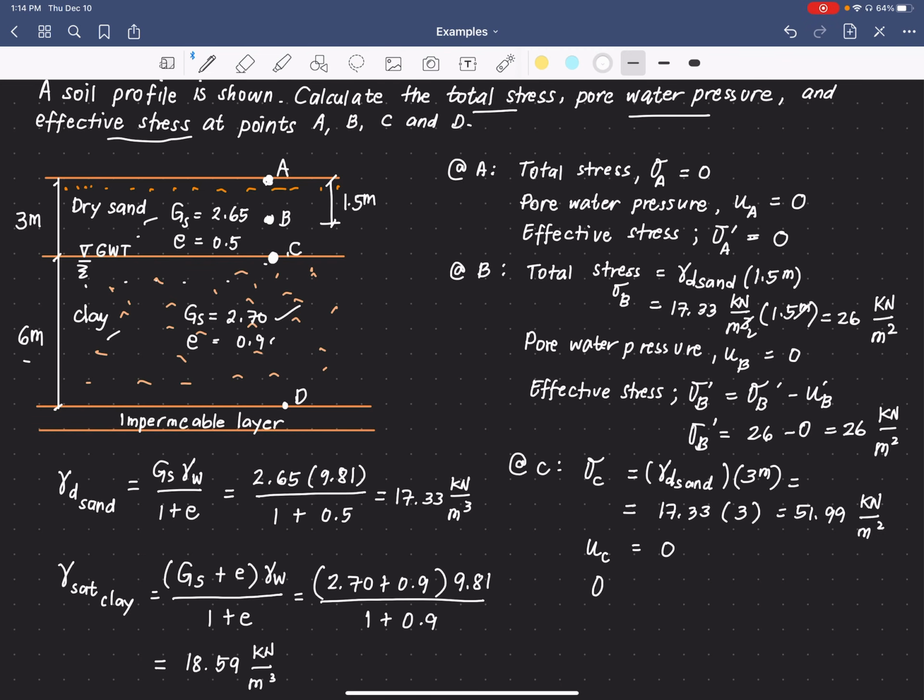So our effective stress at point C would be total stress minus U sub C, which is 51.99 minus 0, which is also equivalent to 51.99 kilonewton per square meter. So this is our effective stress at C.